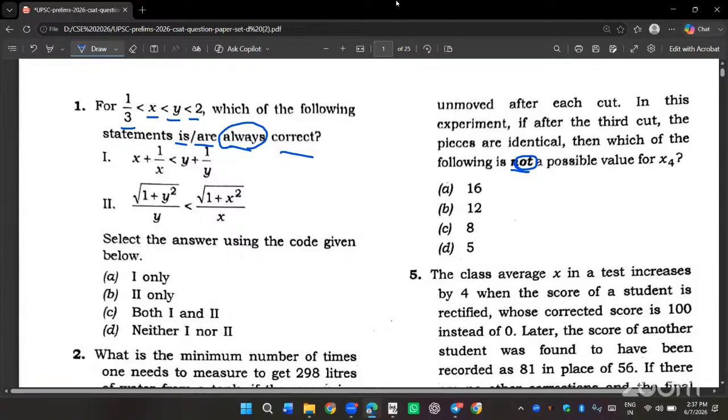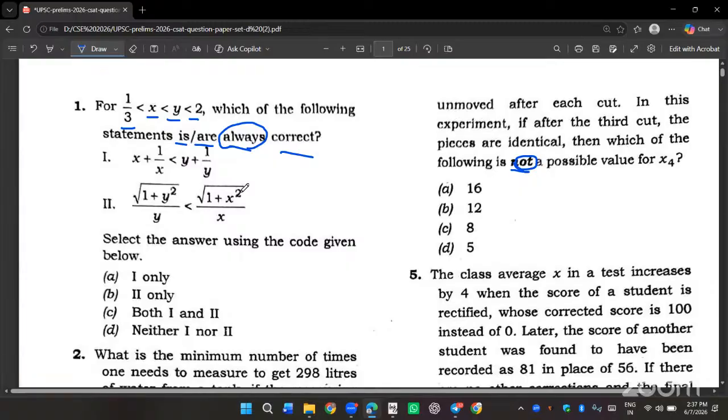But students are not reading mathematics. So please do that. Algebra is very important. Similarly, syllogism is important. From each and every aptitude and reasoning part, they are asking questions. So now we will start our first question.